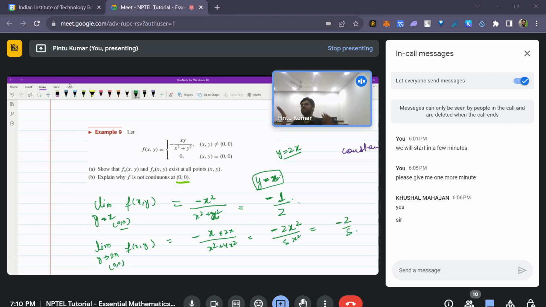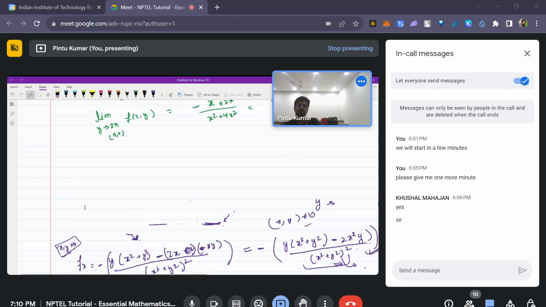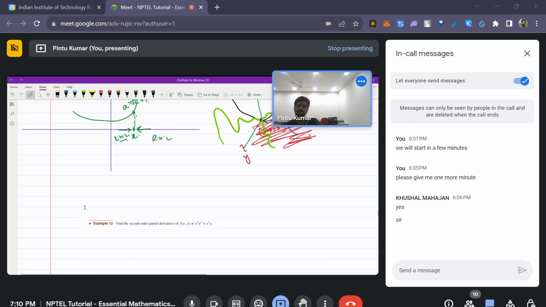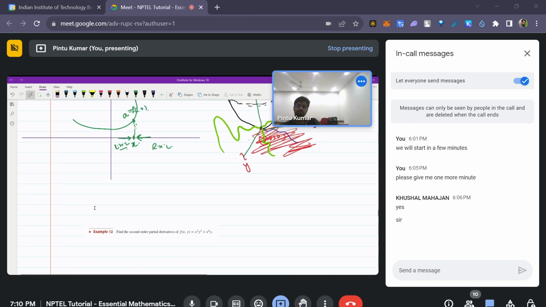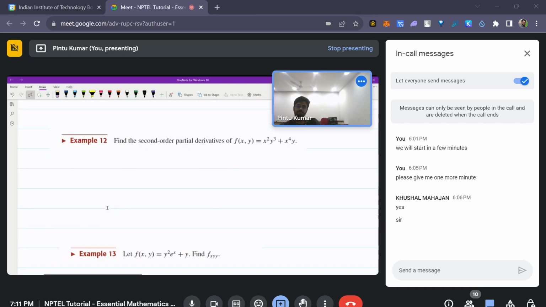Now you see, if I approach point 0 comma 0 via these two different lines which are passing through 0 comma 0, then I am getting different values. What does this mean? That the limit of f does not exist at 0 comma 0. That's why this is not continuous. Okay. Any doubt in this question?